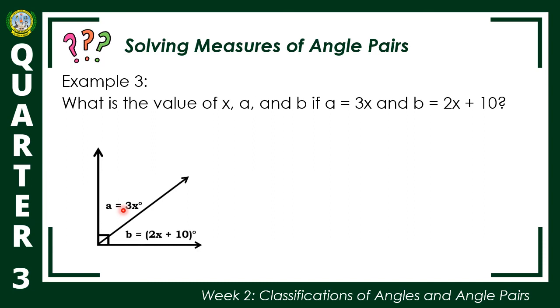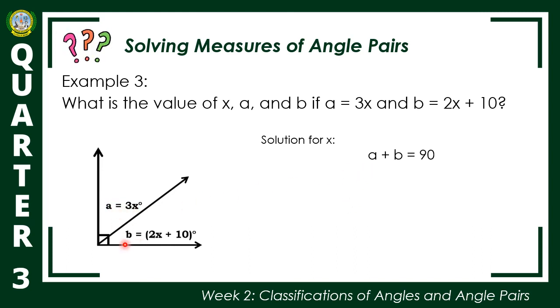At ano nga ba ulit ang relationship ng complementary angles? Again, the sum of the two angles or the measurement of the two angles is equal to 90 degrees. At doon natin po bubuin yung ating equation na gagamitin. Okay? So, A plus B is equal to 90.